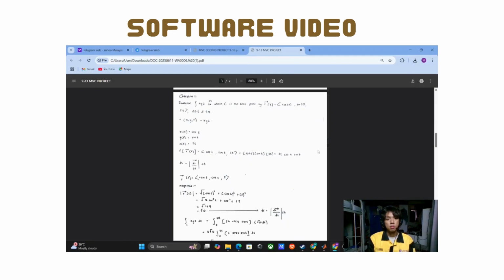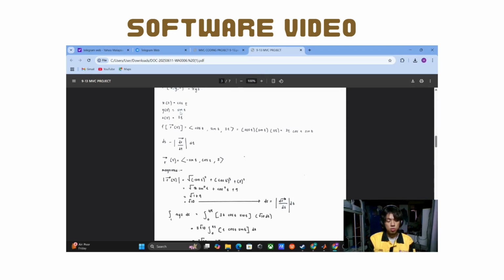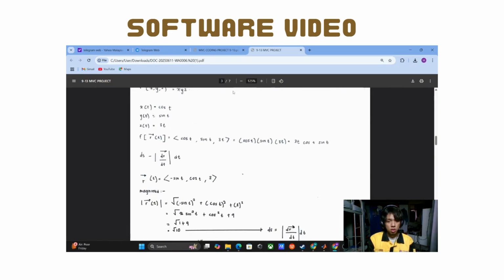Question 11. Question 11 is about line integral. Firstly, we compute the line integral of f(x,y,z) equals xyz along a 3D curve, where x(t) is equal to cos t, y(t) is equal to sin t, and z(t) is equal to 3t.